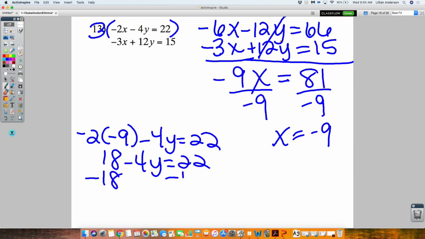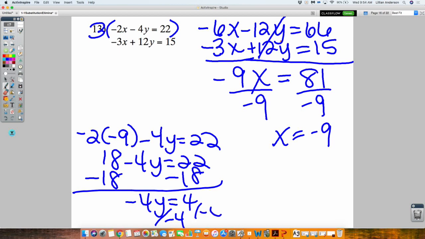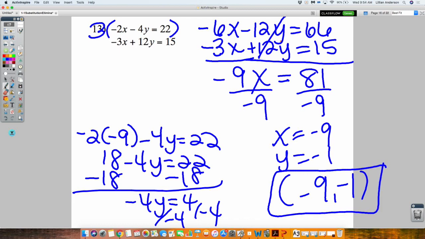Subtract 18. Divide by negative 4. y equals negative 1. Did you write it as a point? Good.